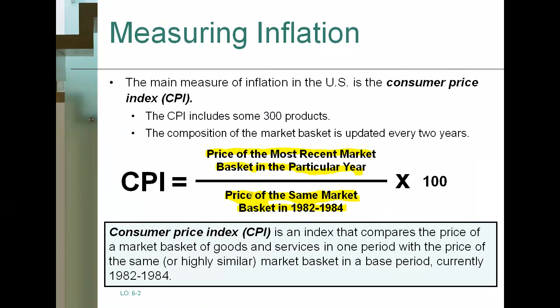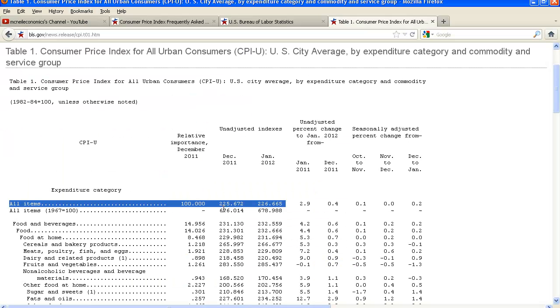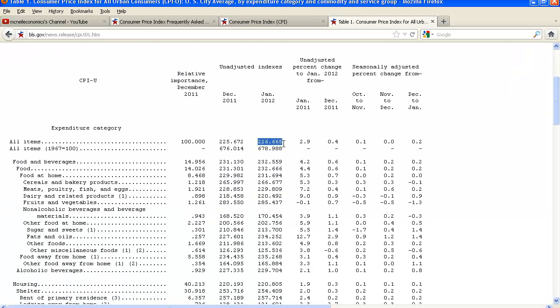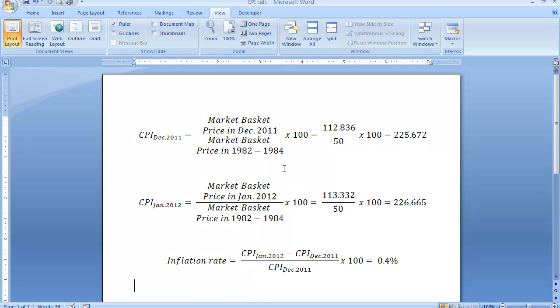So when we look at the slide here, we can say that whatever the price was in the market basket in 1982 to 84, that stayed the same. But when the numerator was calculated, the final number came out to be 225.672 and 226.665. Let's see how they arrived at these two data points.